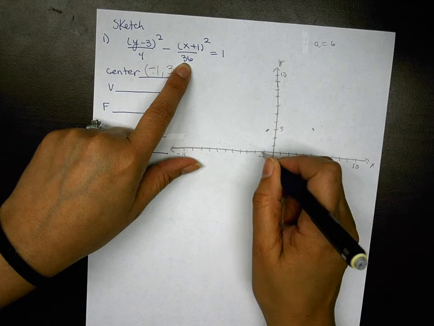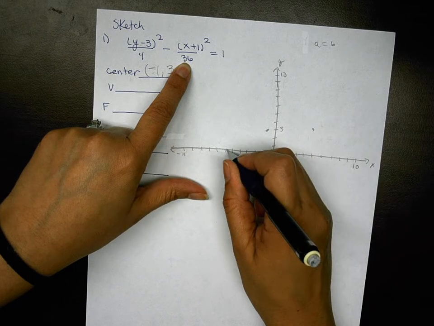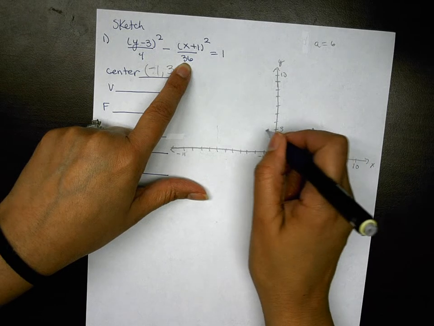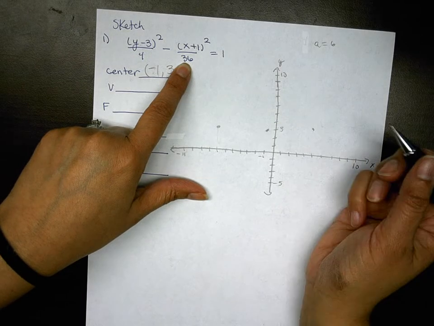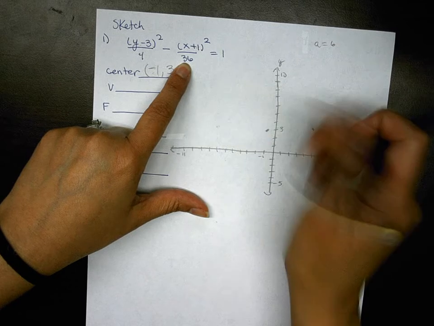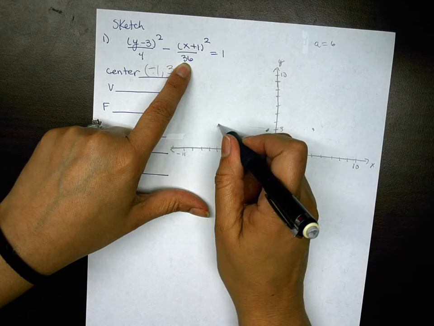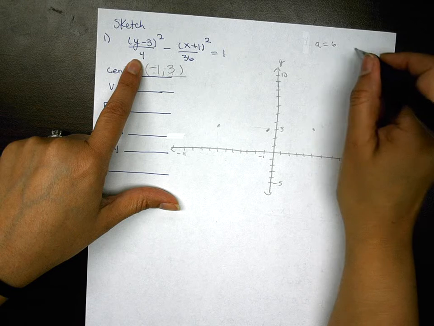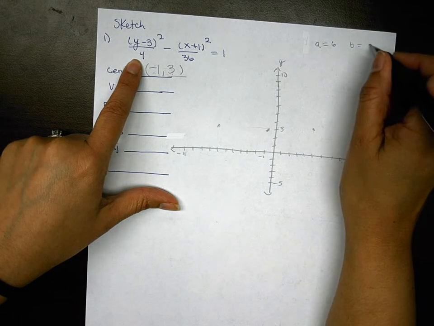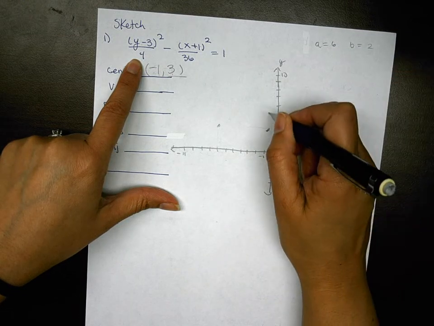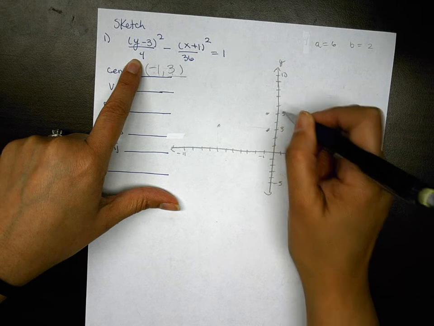Left 1, 2, 3, 4, 5, 6. Up and down, whatever's underneath the y. So how far up and down? 2. 1, 2.